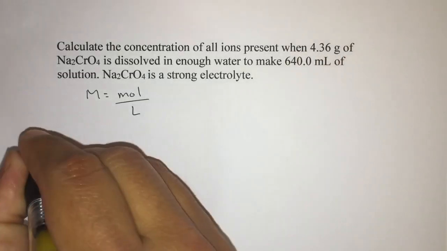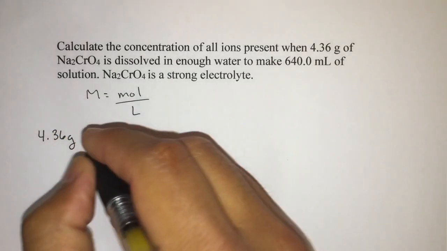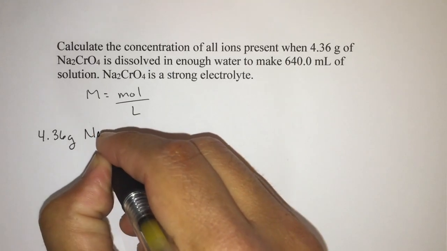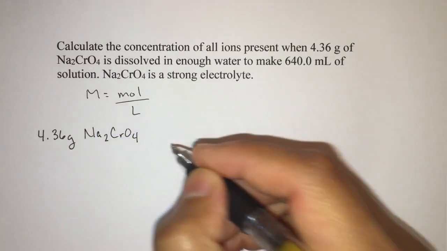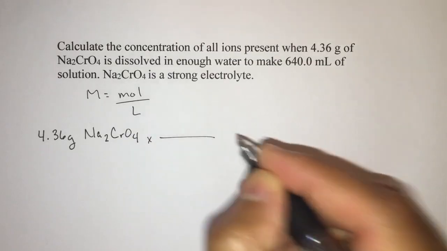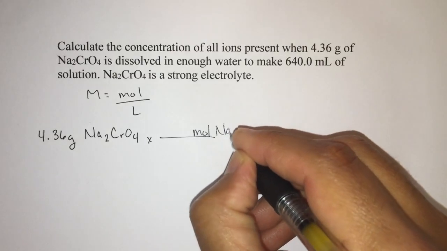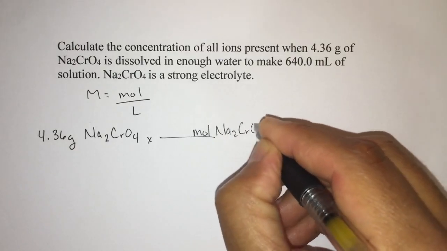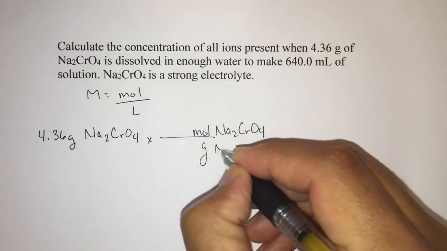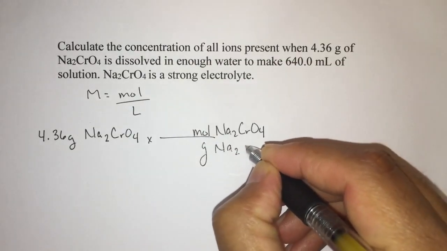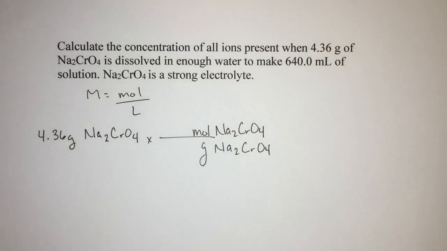We're going to take our 4.36 grams of the sodium chromate and convert to moles first. Cancel the grams of the sodium chromate, so the grams of sodium chromate go in the denominator.